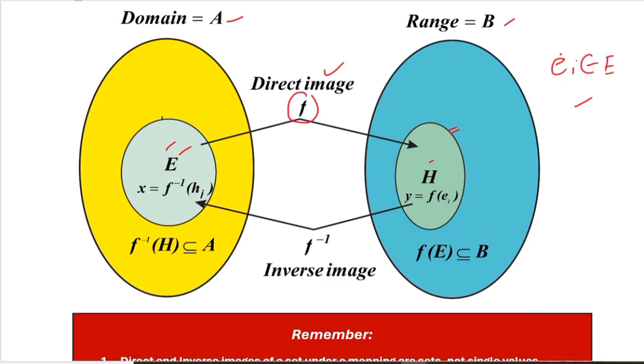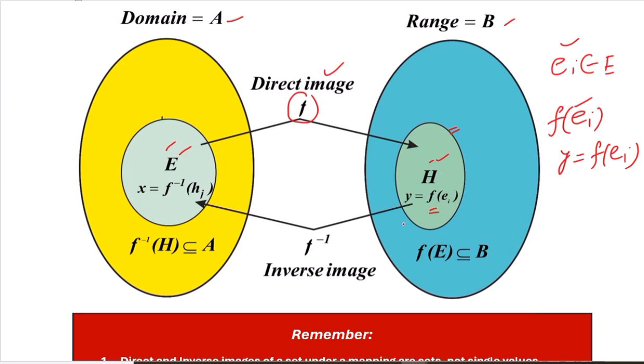When we apply the mapping f, then f maps these elements e_i to set H. So these are always of the form y. So f(E) is these elements under the mapping f, denoted by y, that are elements of H.